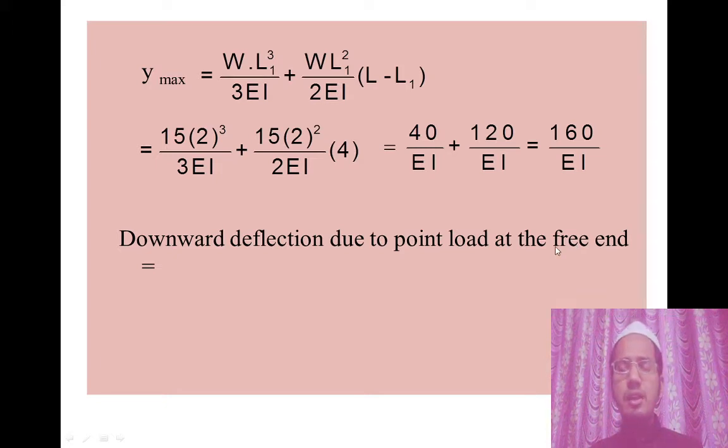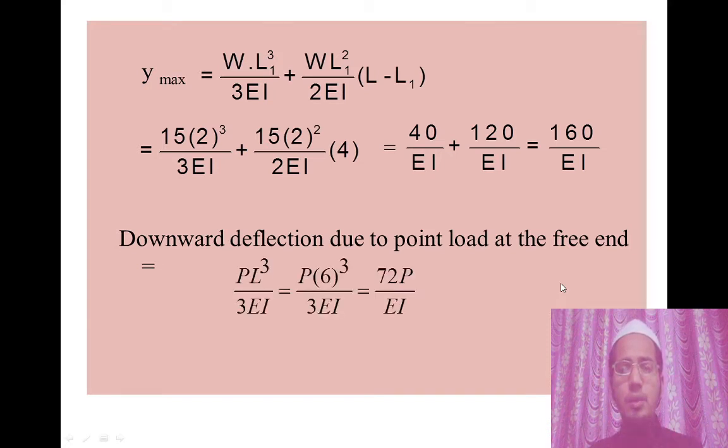For this we have already discussed that the downward deflection due to load will be equal to the upward deflection due to the propped reaction at the free end, and we know this propped reaction at the free end is assumed as P, hence the upward deflection will become W L cube divided by 3EI, and W is the propped reaction P. So by simply putting the values of span, we will get the answer in the form of EI, that is 72 P divided by EI.